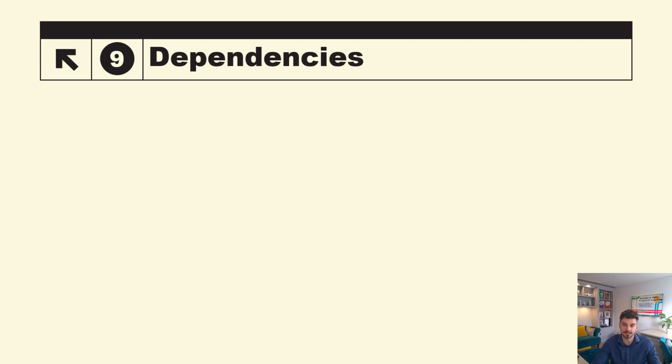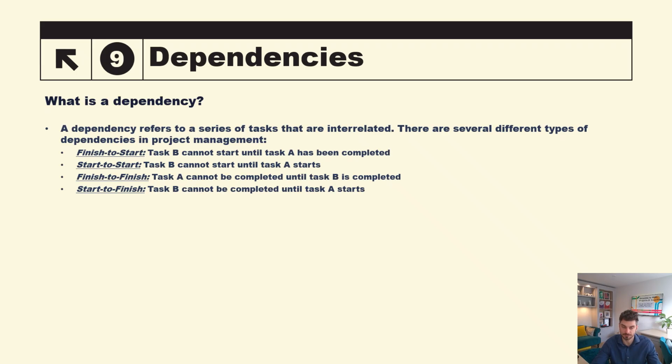Let's have a look at dependencies. So what is a dependency? A dependency refers to a series of tasks that are interrelated. There are several different types of dependencies in project management. There's finish to start, where task B cannot start until task A is completed.